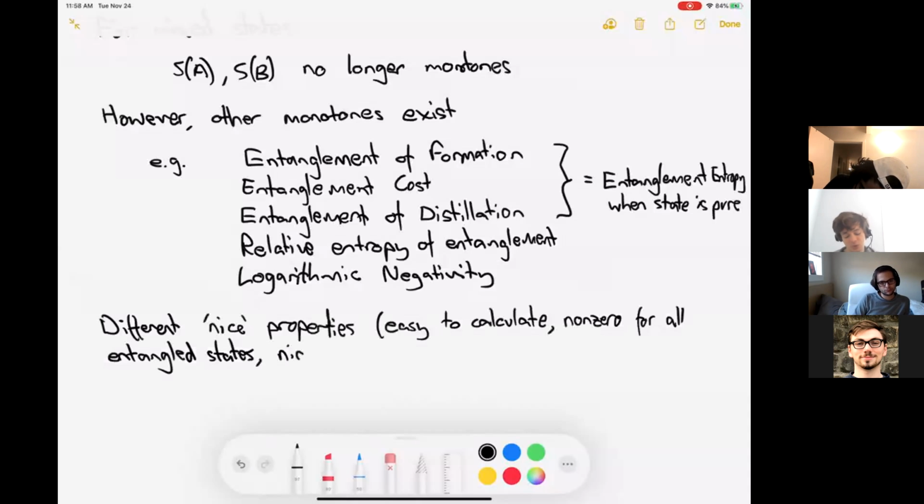Some have nice operational interpretations, like entanglement formation and entanglement distillation. They all have different nice properties, and the best one depends on what you care about.